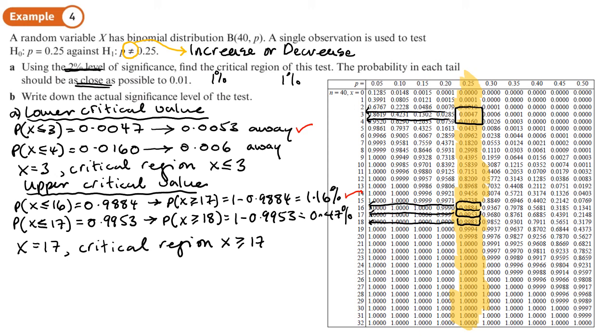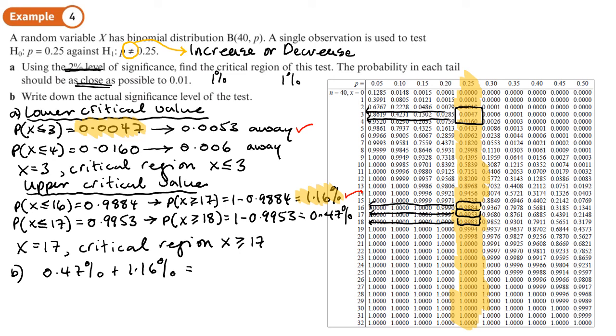So the actual significance level of this test, which is part B, is going to be the actual probabilities of the critical values that we chose. So that's this probability here, which is 0.47%, and this probability here, which is 1.16%. So the actual significance level is going to be 0.47% plus 1.16%.